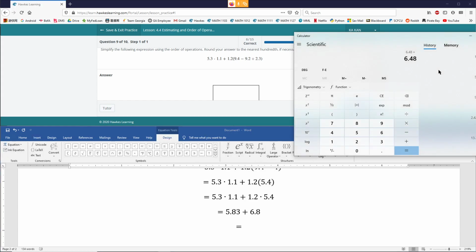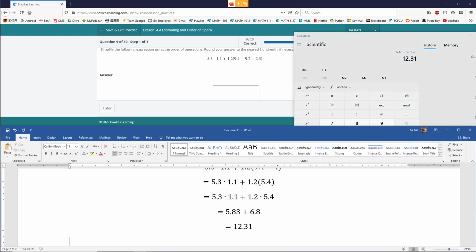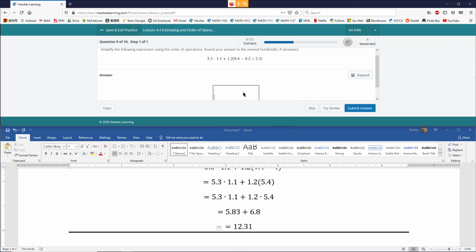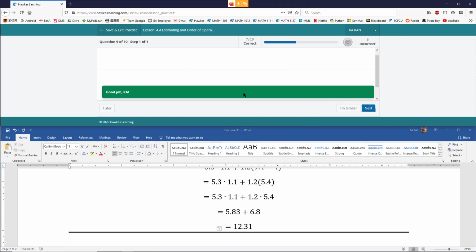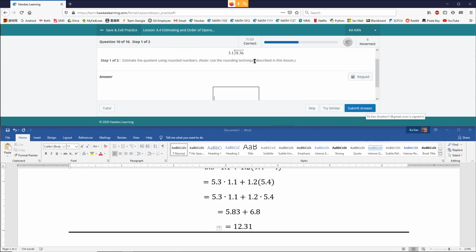That plus 5.83, I have 12.31. Done. So that should do it. 12.31. It's a lot of work, especially if you're typing and all. But when you're writing, it should be a little bit easier, a little bit faster.